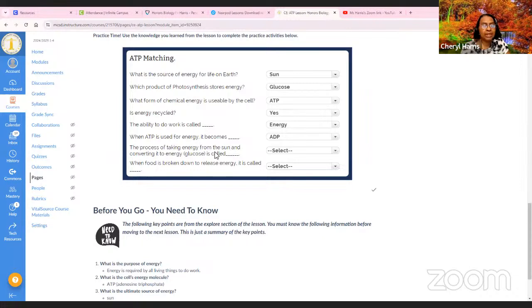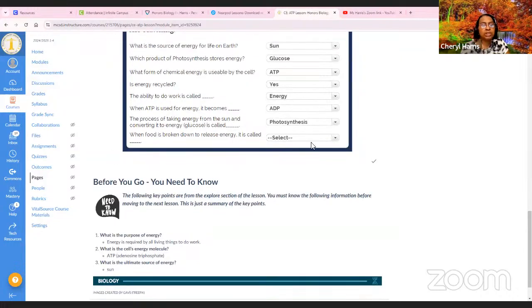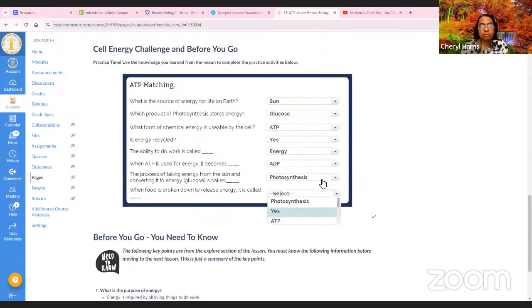The process of taking energy from the sun and converting it to glucose is photosynthesis. And when food breaks down to release energy, it is called cellular respiration.